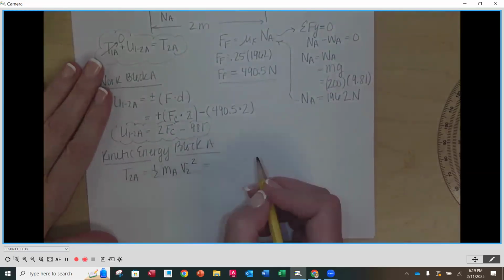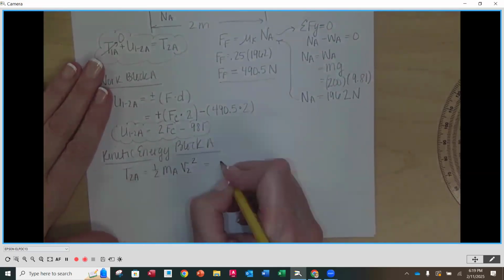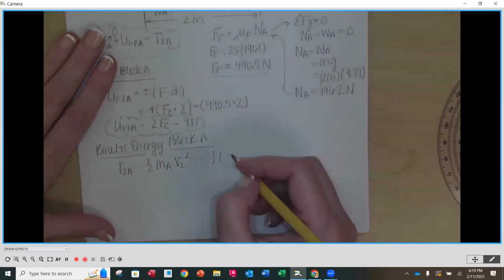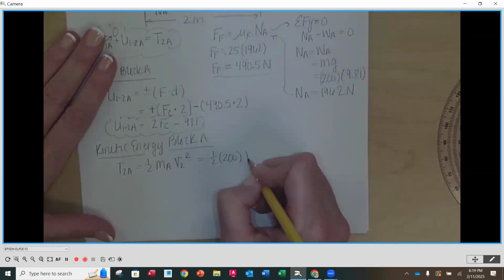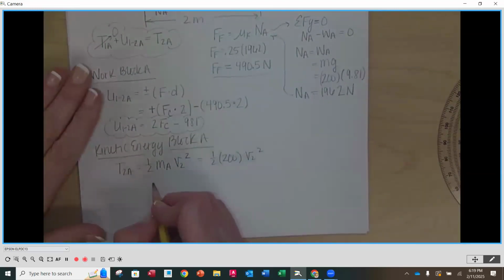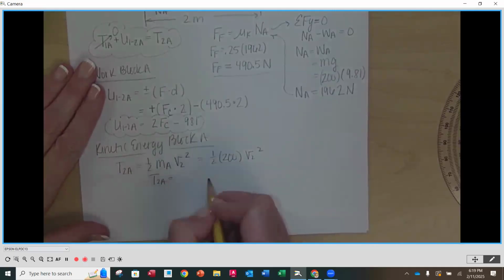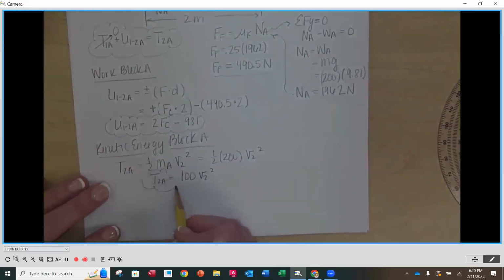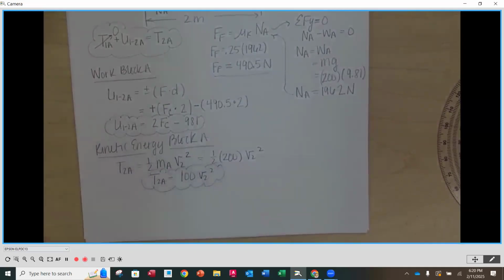So that's going to be equal to 1/2 times 200 kilograms times V2 squared. So that means that T2A is going to be equal to 100 V2 squared, or velocity final squared. And we have to leave it there in terms of that velocity.